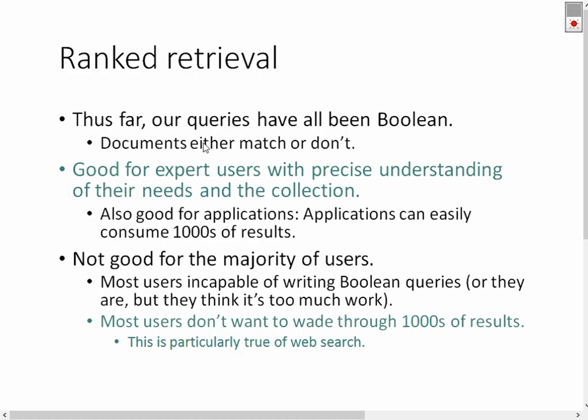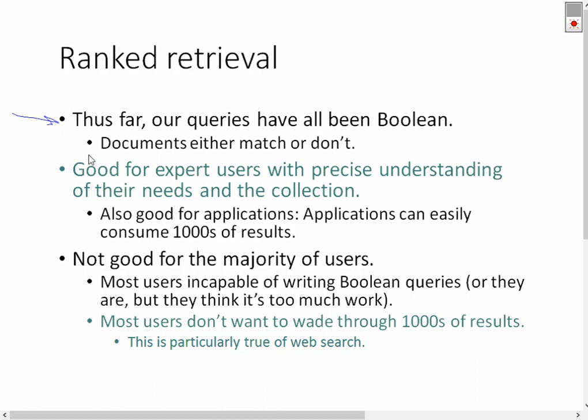The basic idea behind a Boolean query is that I have a series of terms and I use things such as the and, or, and not operators that basically say if it meets this condition, then it's logically going to be included. If it doesn't meet the condition, then it's not included. So that's the approach that we've had so far in looking at how we do retrieval.